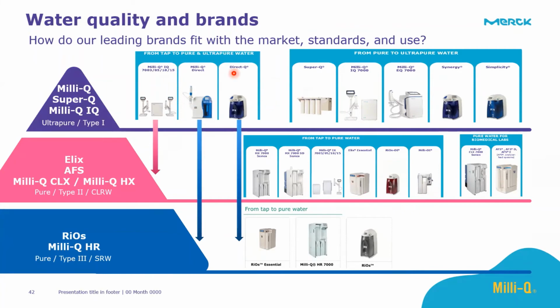So we have type 1 water systems that normally take tap to ultrapure, and systems that take pure to ultrapure water. We have type 2 water purification systems here, and we have the type 3 water purification systems.